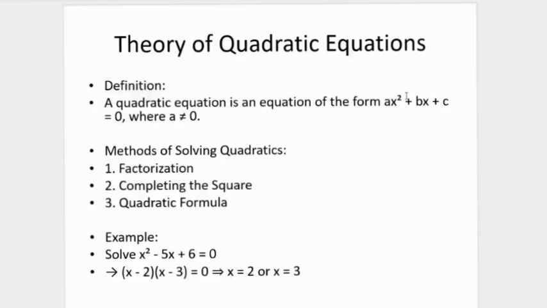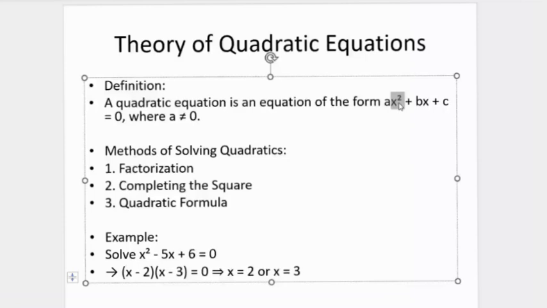Of course, you can also have other variables existing, but their powers should not be higher than 2. And of course, a is not equal to 0, because if a was 0, then this term will disappear and the highest power will be 1, and this would be the linear equation bx plus c. So that is what a quadratic equation is.